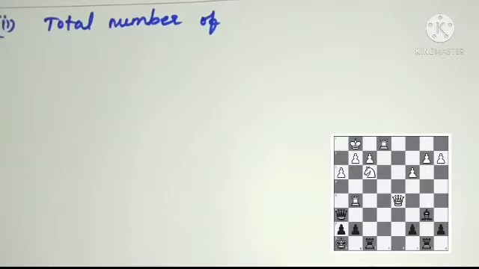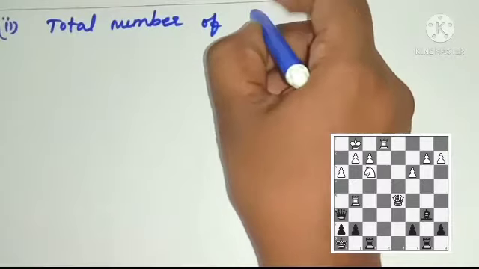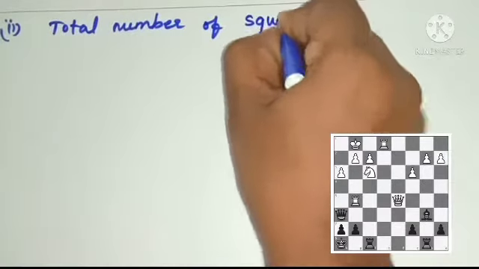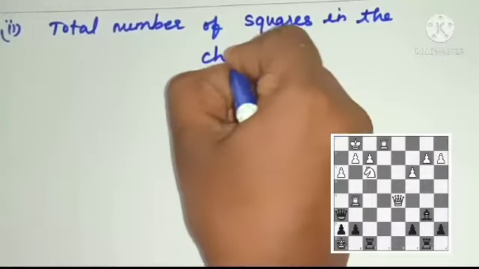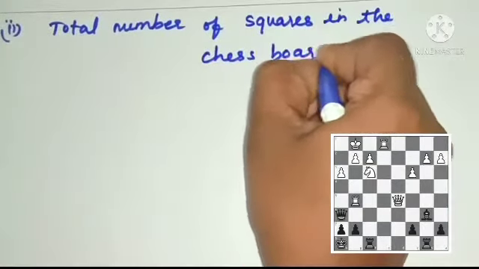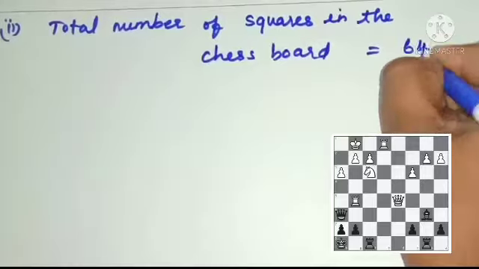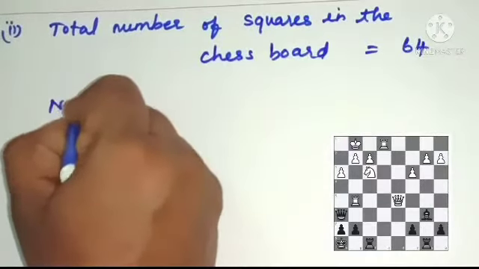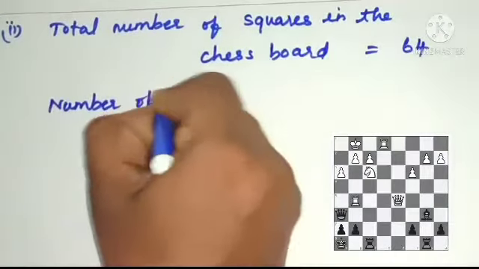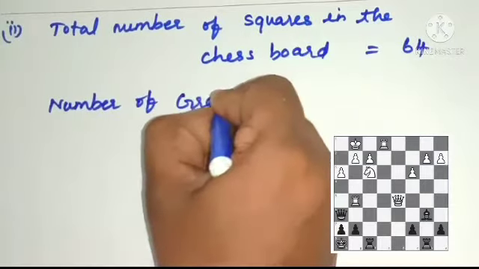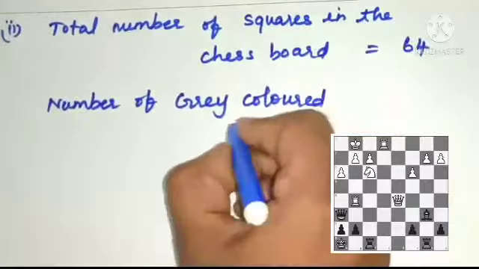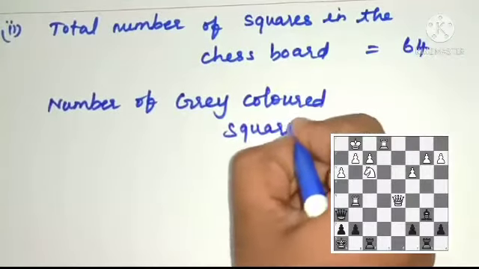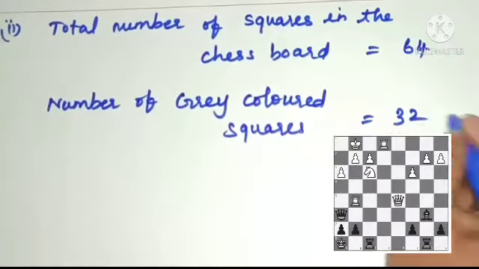Now let us find the percentage of grey colored squares. We know that the total number of squares in the chessboard is equal to 64 and the number of grey colored squares is equal to 32.